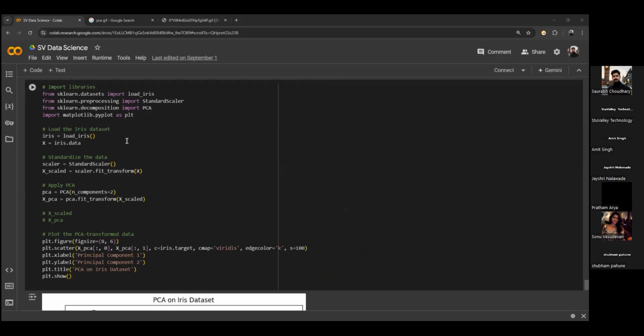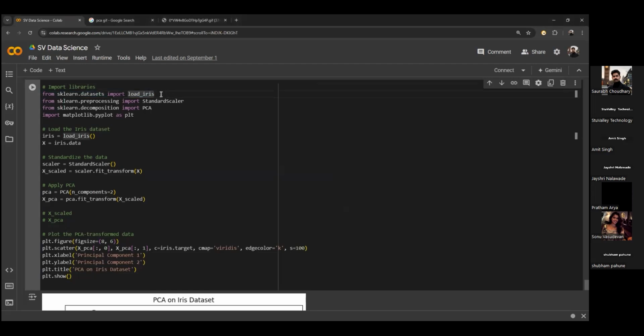Okay, let's try PCA on our iris data. So we'll try to compress our data because we have 4 features here in the iris data. Can somebody tell me what are the 4 features in the iris data? Because we have done this data many times. People know how many features we have.